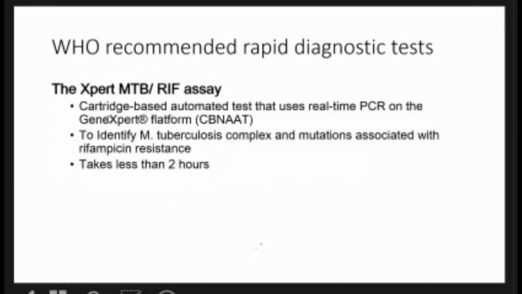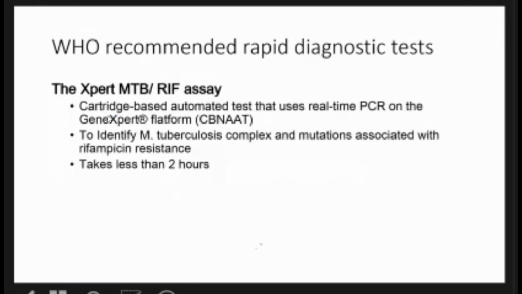So Xpert MTB/RIF is, as we all know, a cartridge-based automated test. It is a cartridge-based nucleic acid amplification test. It is something like DNA PCR, which is what most of the time people request as DNA PCR for TB.